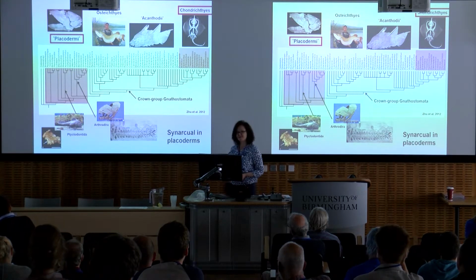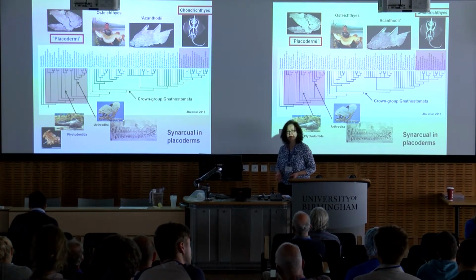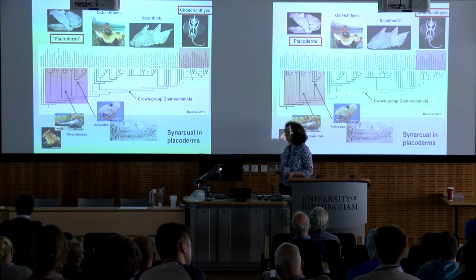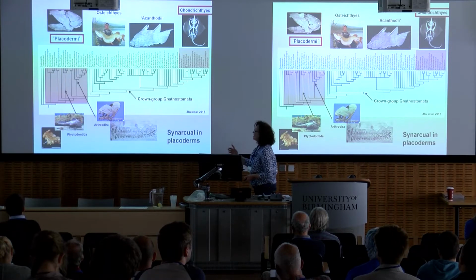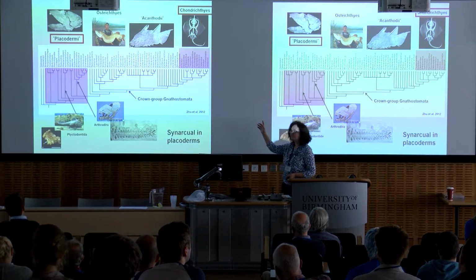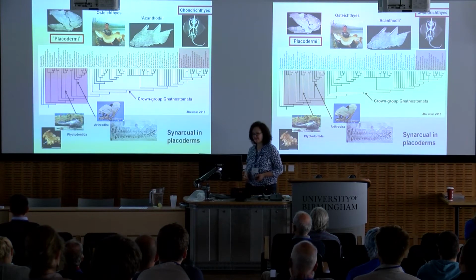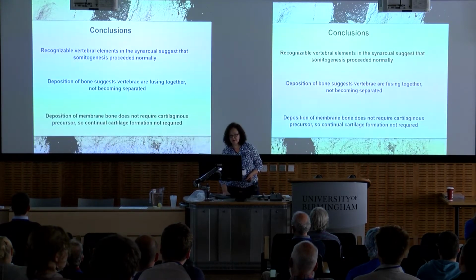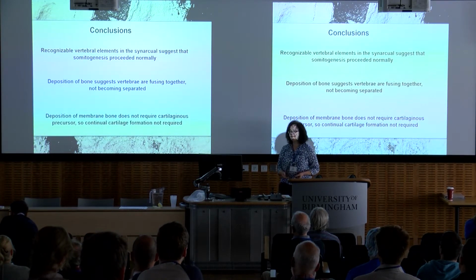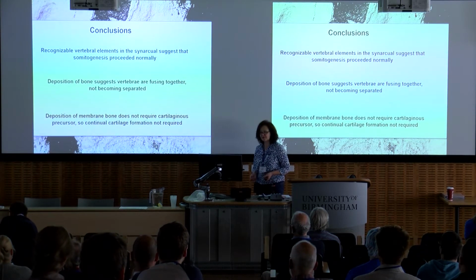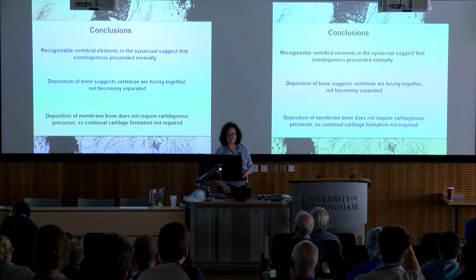Dunkleosteus is important because it's really given us the most developmental detail about how the synarcual forms in placoderms, a fossil group over 350 million years old. It may be quite different from what's going on with the synarcual in chondrichthyans, but that's a bit of work that we're doing at the moment. So, just some conclusions. In the placoderms, we have recognizable vertebral elements in the synarcual, and this suggests that somitogenesis proceeds normally.